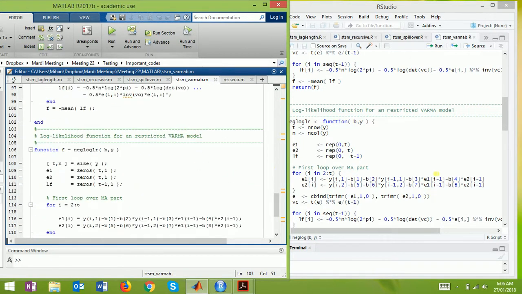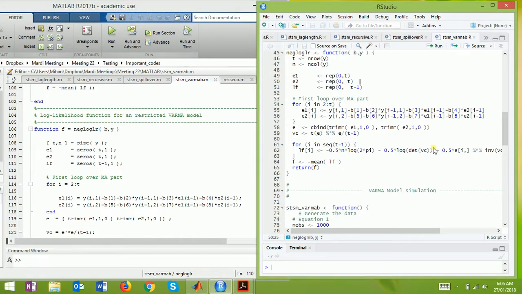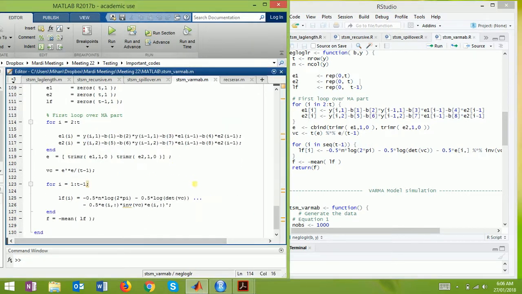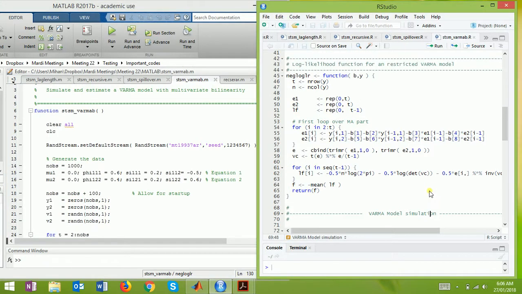In terms of restricted, again everything else remains the same, but what is missing? We will not be having the moving average parameters, that's all. Okay, I'm sorry, we will be having moving average parameters, but we will not be having the non-linearity parameters. So without the non-linearity parameters, we go back to our problem.